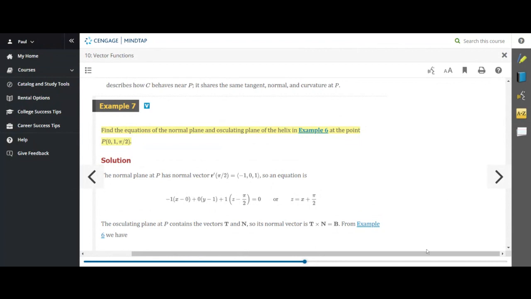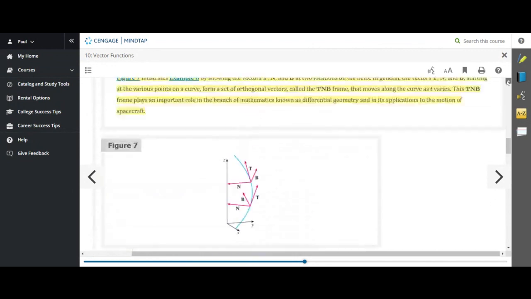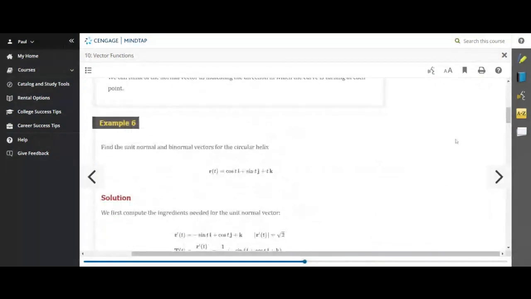If we go back to example 6, here's our helix, and if the point is 0, 1, pi over 2, what value of t would that correspond to?